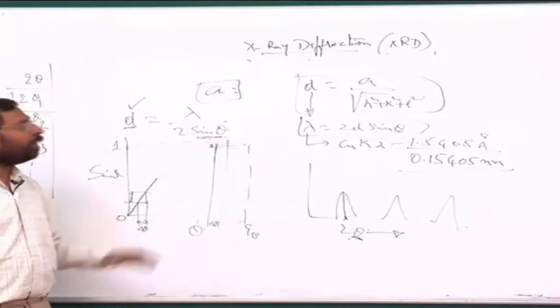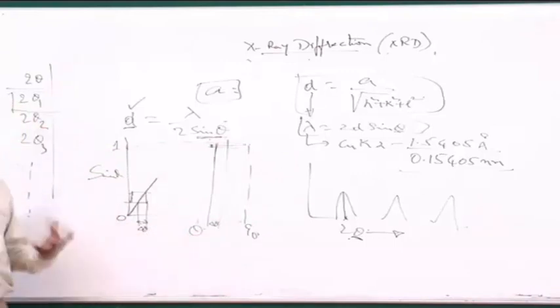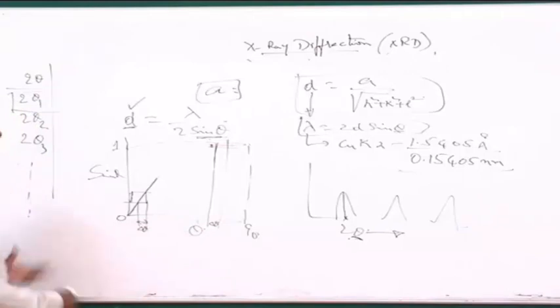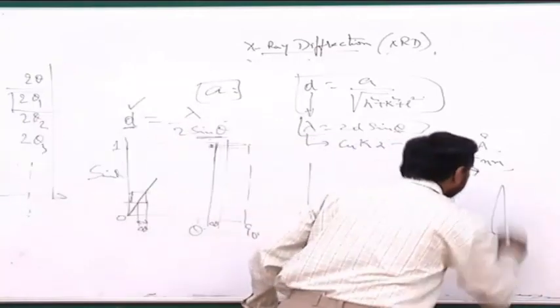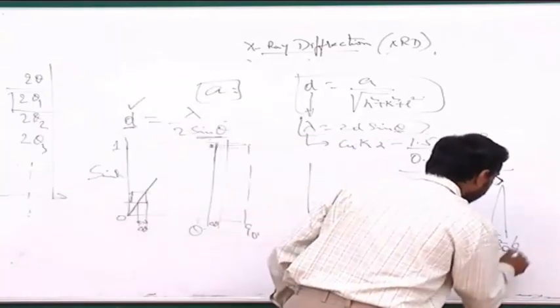So in principle, if somebody asks you to find out the lattice parameter, you should actually use a peak which is at a larger angle, something closer to 80 degrees or 90 degrees.